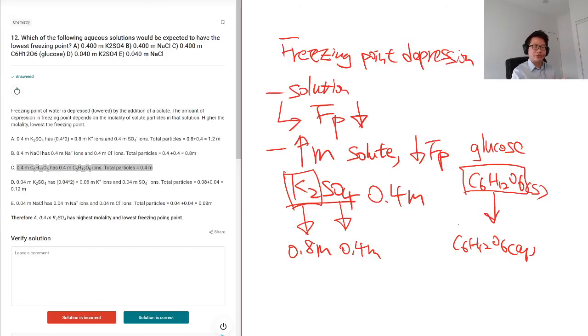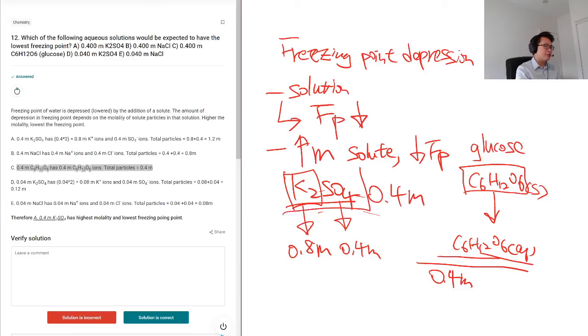When they dissolve in water, they still exist as a whole glucose molecule. It's still one intact glucose molecule. Therefore, when we start with 0.4 molality of glucose, after dissolving, the total amount of particles or molecules is still 0.4 molality, because it doesn't do any dissociation.